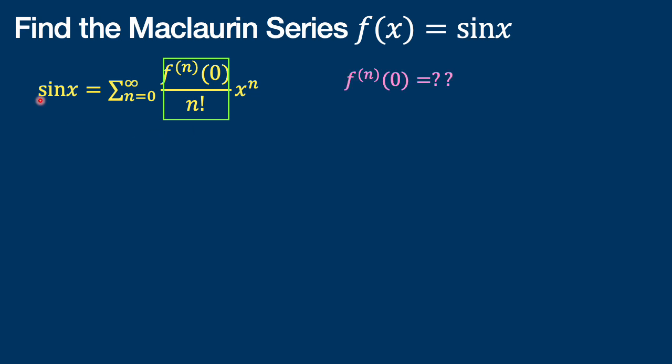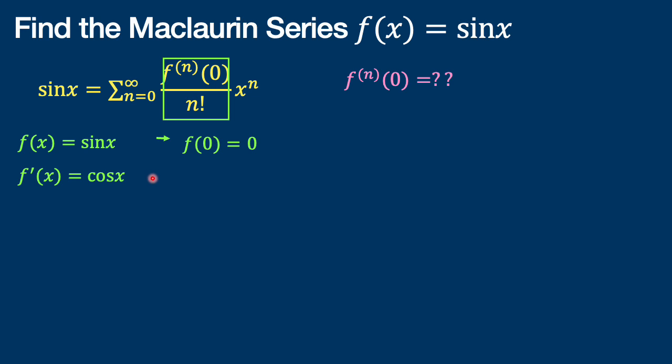So let's take derivatives of sine to find the first, second, third, and fourth derivatives. So f(x) equals sin x. You plug in 0, sin 0 is 0. The first derivative is cosine.